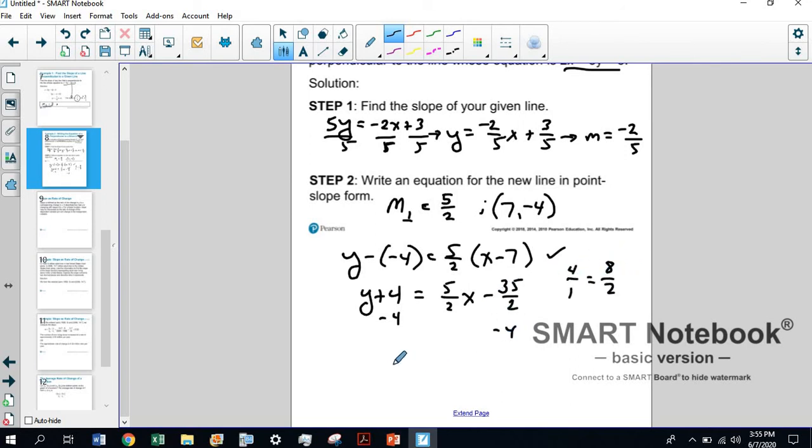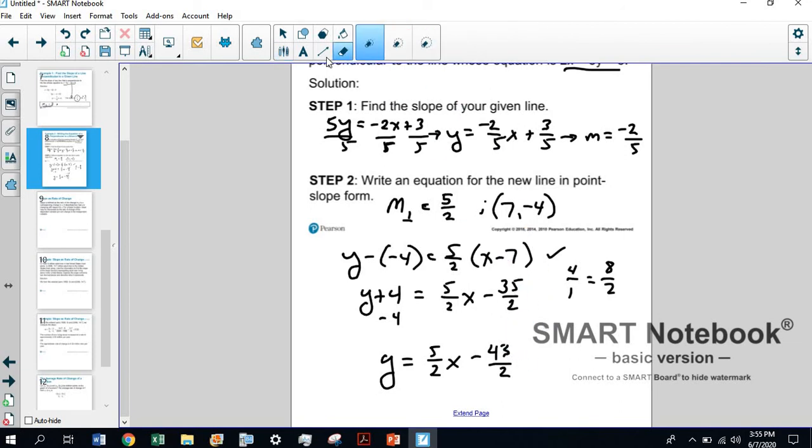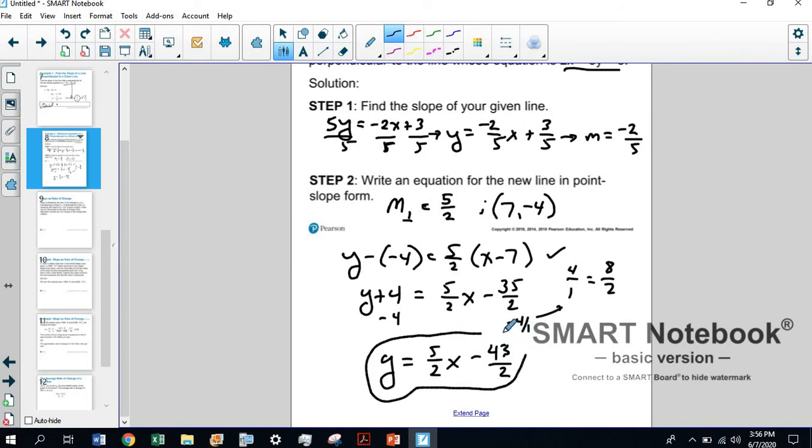We're subtracting, and so we get y equals 5/2 x minus 43/2. 35 and 8 is 43, both negative. And so this is your equation solved for y. This is your equation in point slope form, depending on how they ask for it.